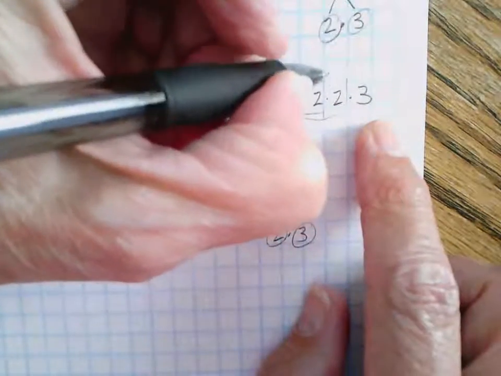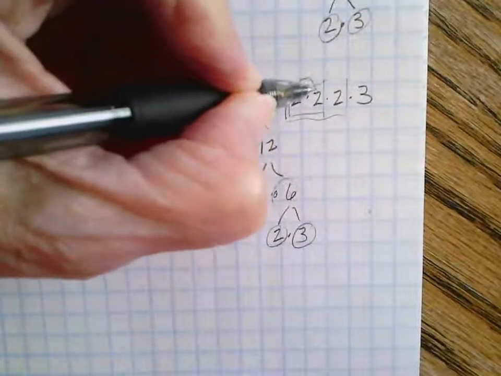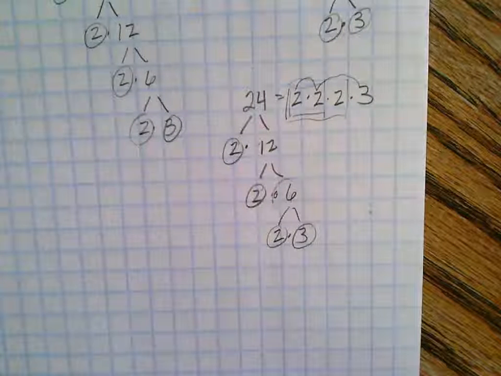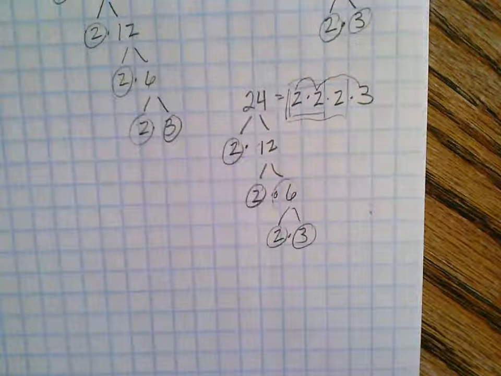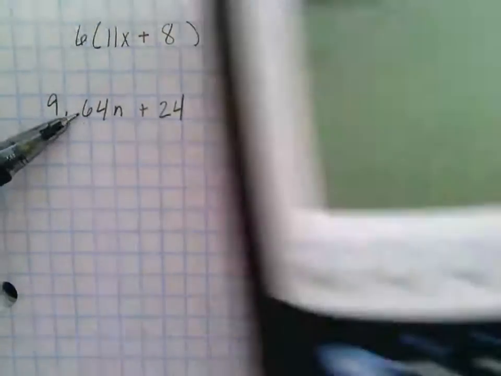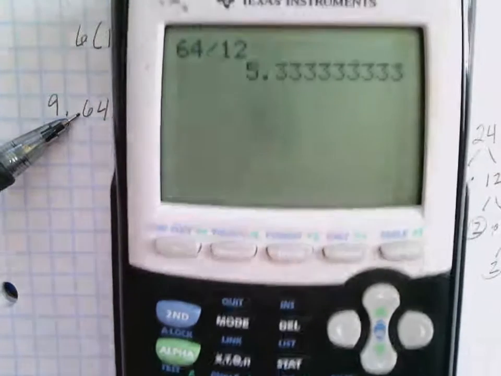So let's see what 2 times 2 times 3 would give me. 4 times 3 is 12. Let's see if 12 is a factor of 64. Nope.